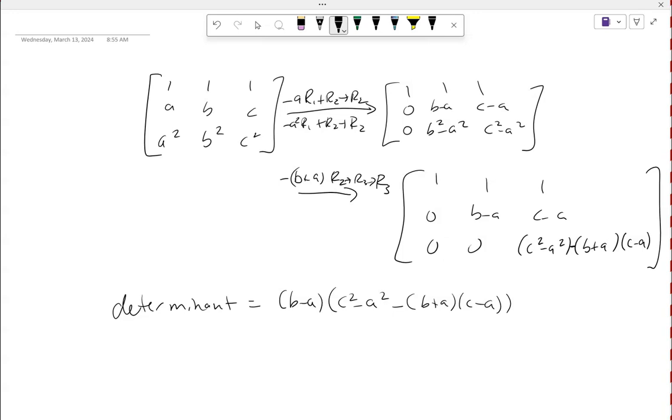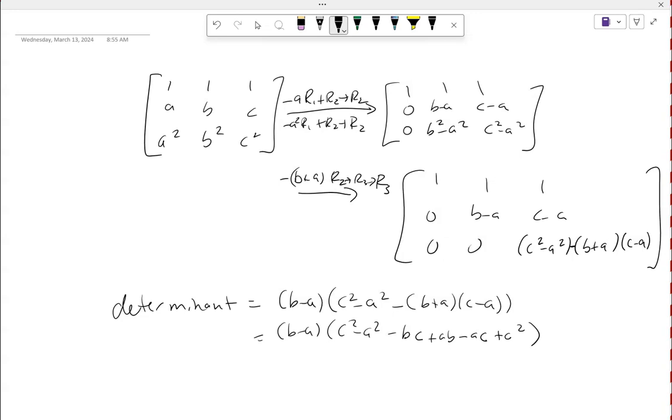If you multiply out what's inside there, we get b times c, negative because there's a minus sign there.